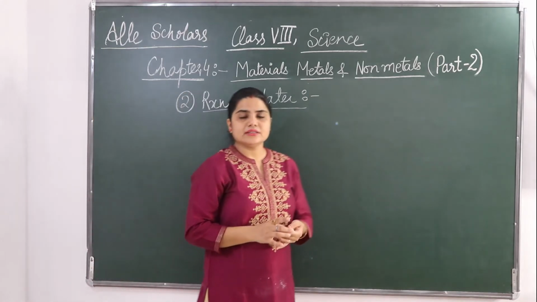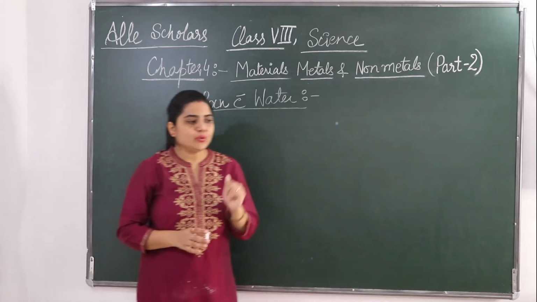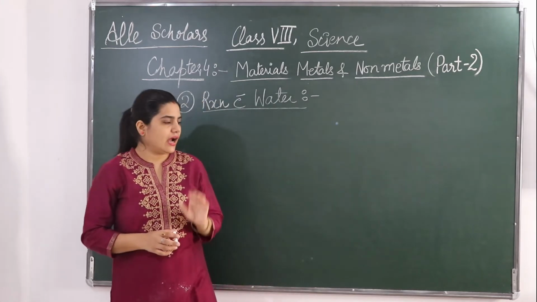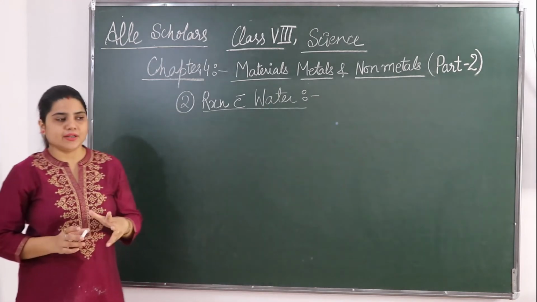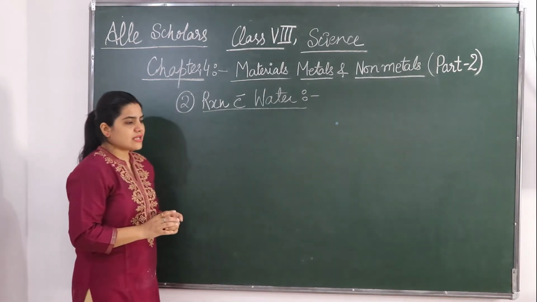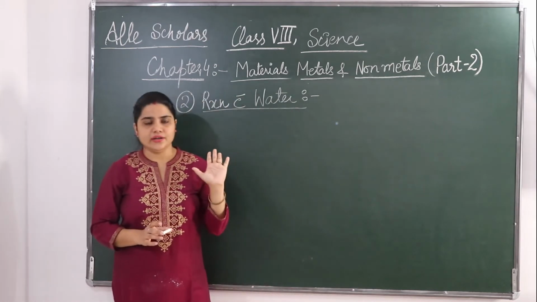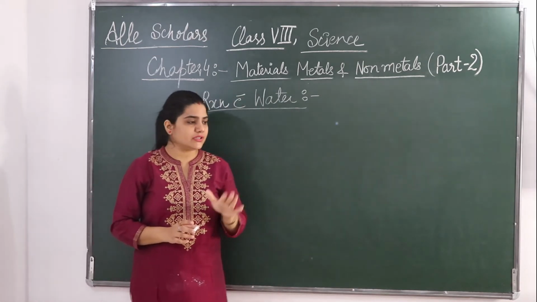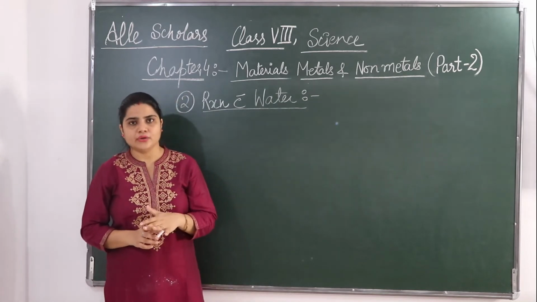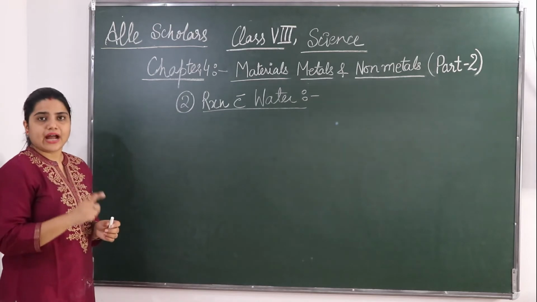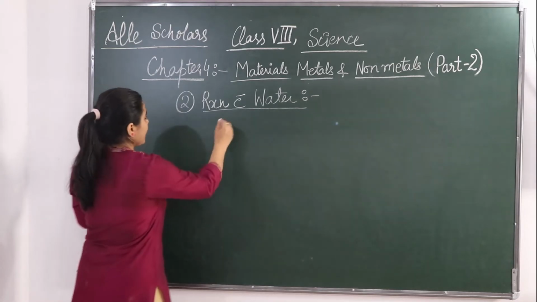The metals react with water to produce metal oxide and hydrogen. Hydrogen gas is also being released. Metal oxides are soluble in water, as I have already shown you, they dissolve further to form metal hydroxide. But all metals do not react with water.